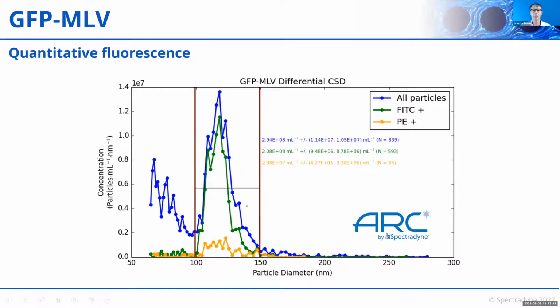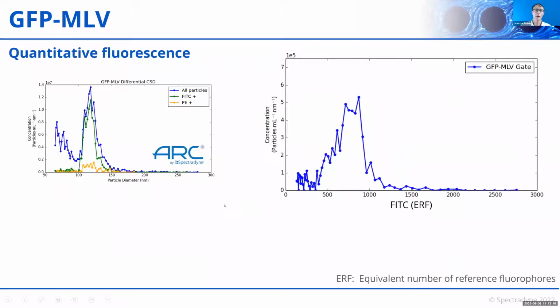In this case, we'll ask the question, how bright are these particles? So we can put a gate around the fluorescent virus particles and select only those particles. That's what's shown here now. And now this plot is showing the concentration on the y-axis versus brightness in equivalent number of reference fluorophore units in the FITC channel.